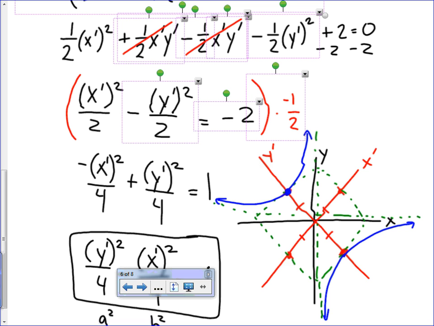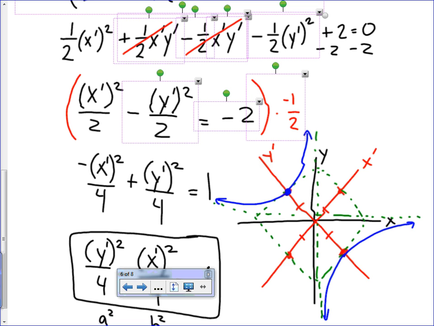So I'm opening around the y primes. I won't ask you to label this new point because it's not going to be at like 2, 2 or anything on the real coordinate plane. You'd have to switch it back into the regular xy's. So we're not going to ask you about the actual coordinates for those points, although that's something you could do later if you saw this again.